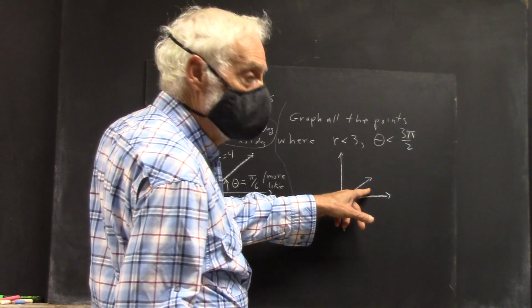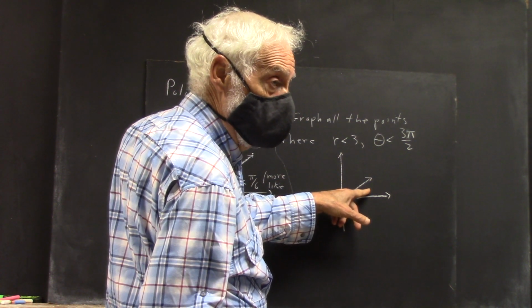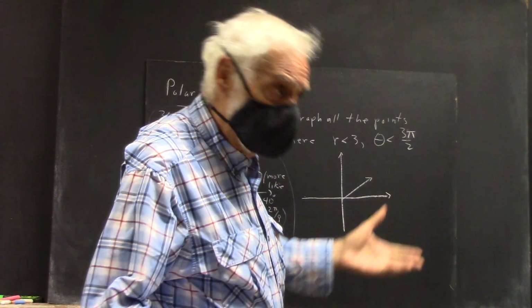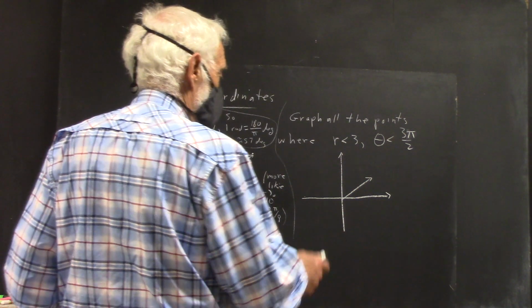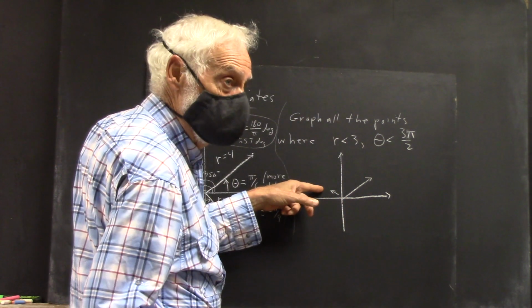Well, they've all got to have the same length as the one you started with, right? Do they all have the same length as this one, the way you're drawing them? Plausibly.